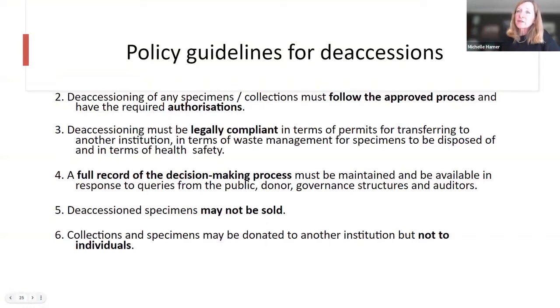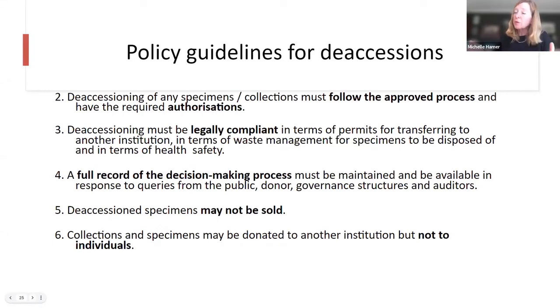Other policy guidelines for de-accessioning: it must follow an approved process and it must be authorized, signed off. De-accessioning must also be legally compliant in terms of permits. Especially if you're transferring a collection from your institution to another one, you might need a permit or permission or authorization to transfer it, so you have to check that.